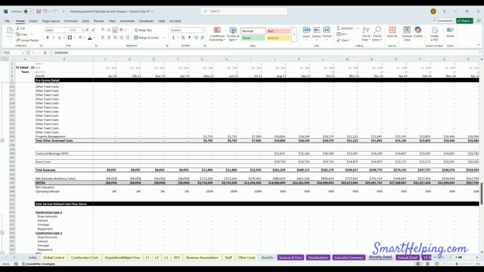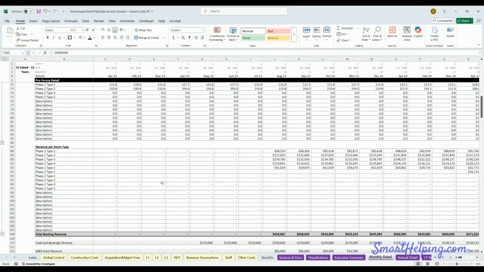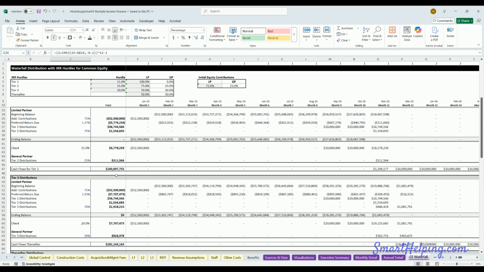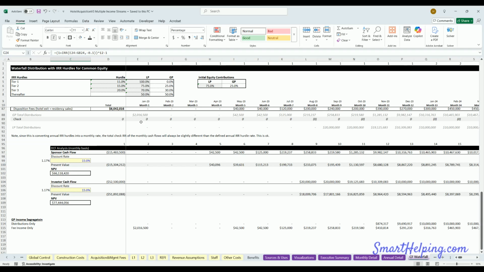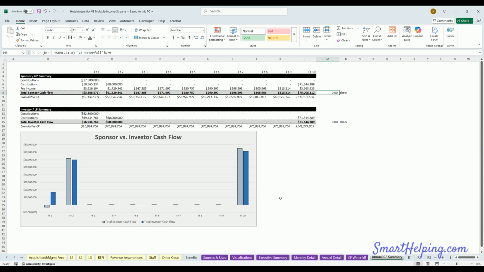Monthly detail, this is where everything comes together in one spot to get to cash flow, so you can see everything that affects cash flow. Annual detail, and then we got the cash flow waterfalls at the end. These are using the assumptions from the global control for your waterfall. And you got an annual summary of that as well.